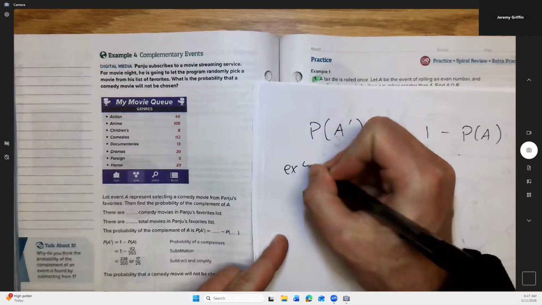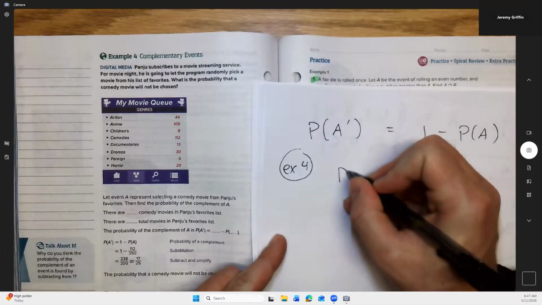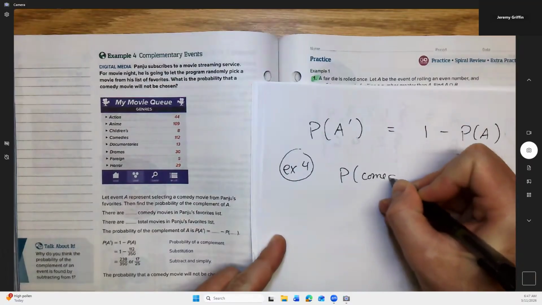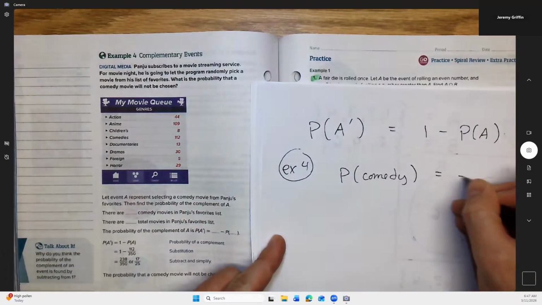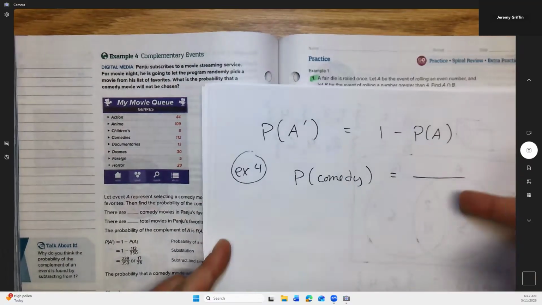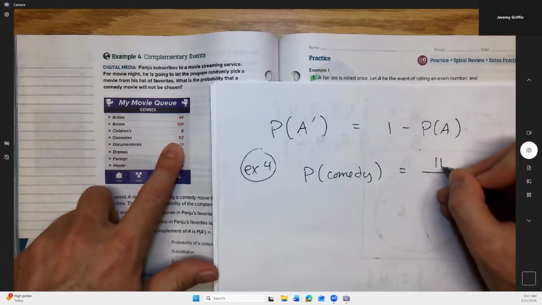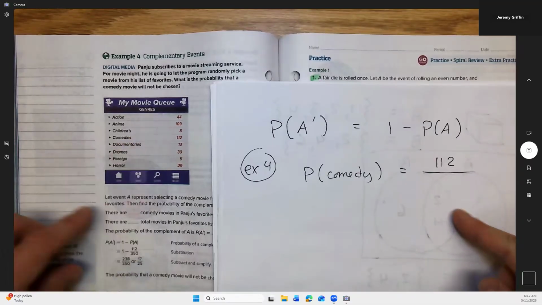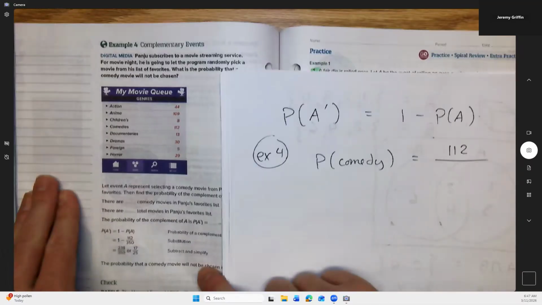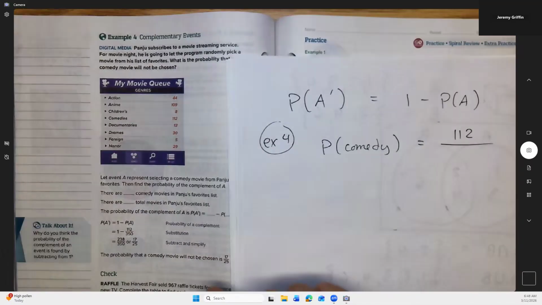So example 4. If I said probability of comedy being chosen, I'd say, well, how many comedies are there divided by how many total movies could you choose from? It looks like there's 112 comedies. And for the total number of movies, you'd want to add all these up. Here, you can do this real fast.